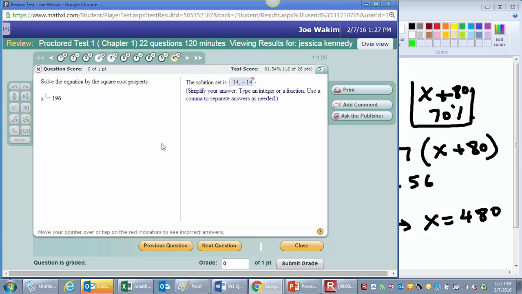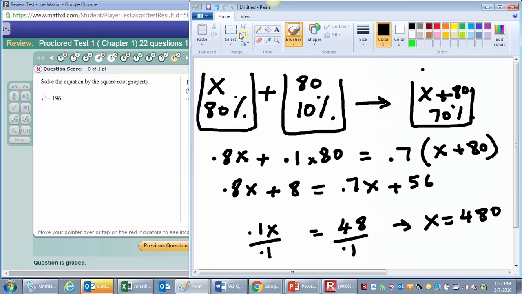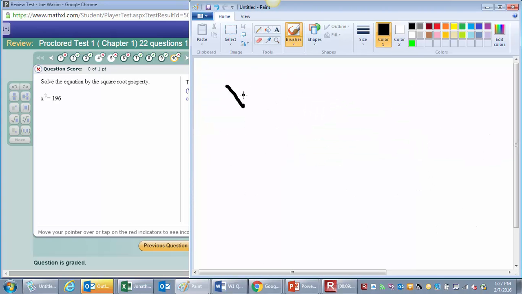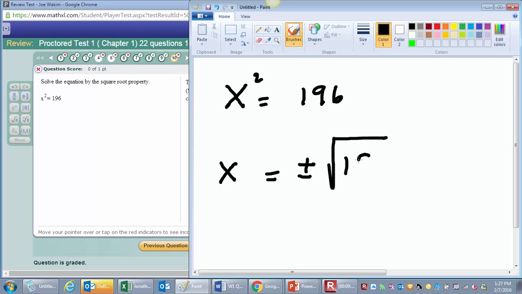Number 10. In this problem, you have to use the square root property. And what is the square root property? x squared equals 196. You take the square root on both sides. That should be plus or minus the square root of 196, which is plus or minus 14, because 14 times 14 is 196.